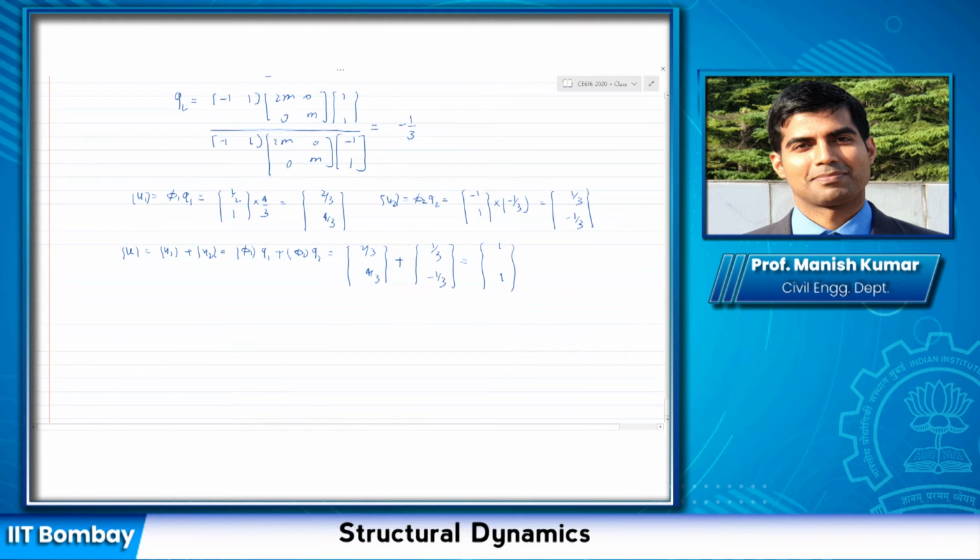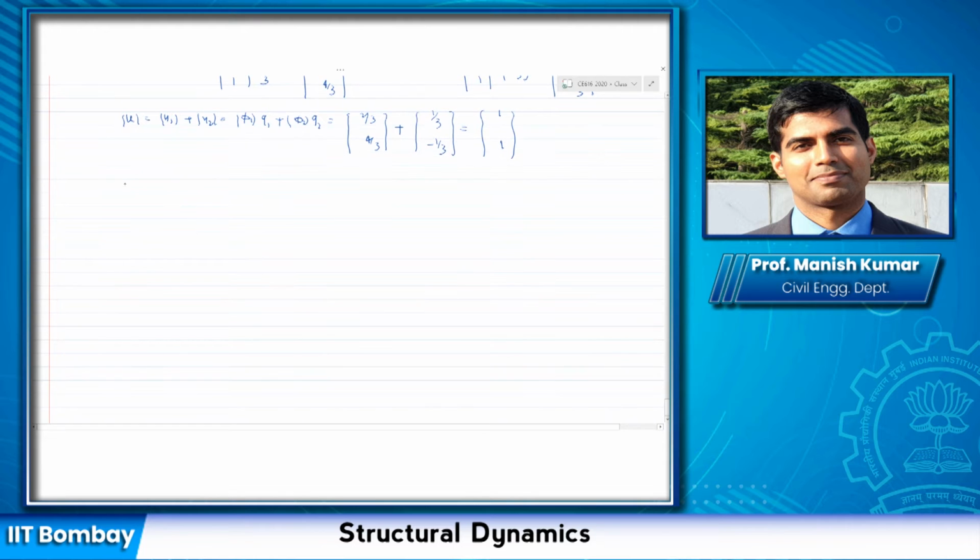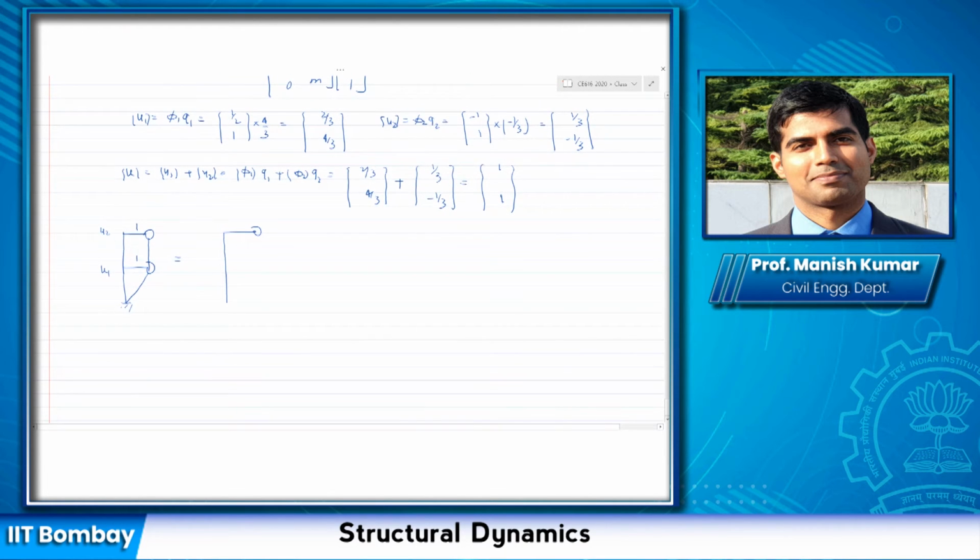So graphically, if I try to represent it, the total response at any time is 1 and 1 at the degrees of freedom. Let us say this is u2, this is u1. This is represented as the sum of the contribution of each mode multiplied by the contribution factor. If you look at it here, u1 is nothing but 2 by 3 in mode 1 and 4 by 3 in mode 2. So in mode 2 this is 4 by 3, and this is somewhere around here.